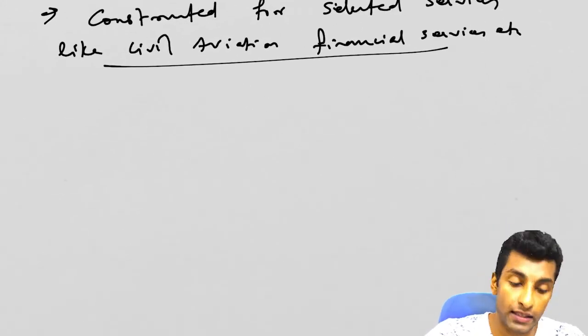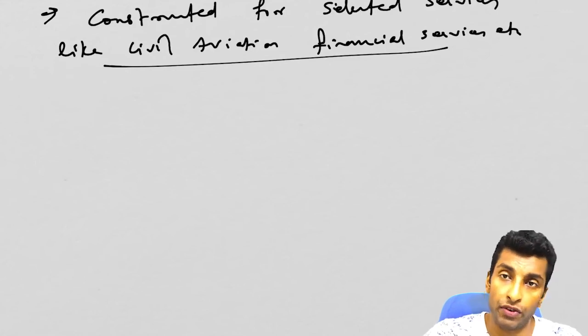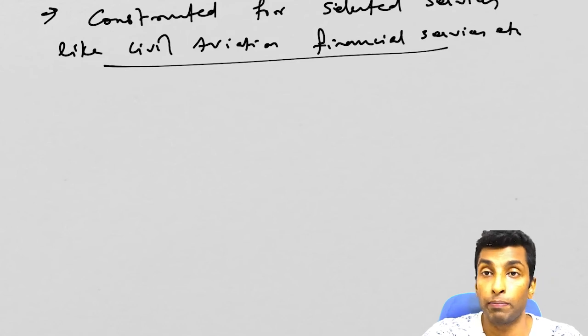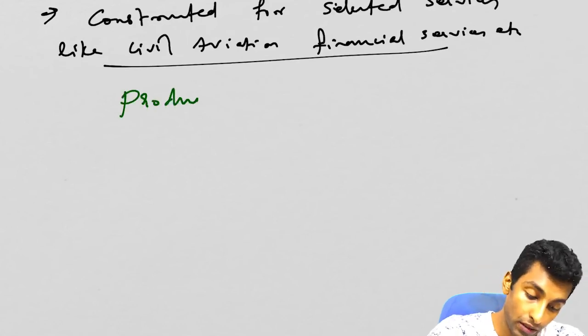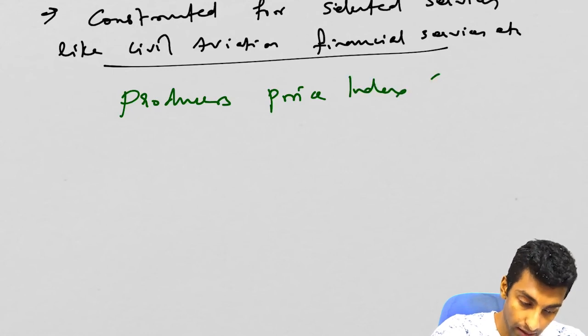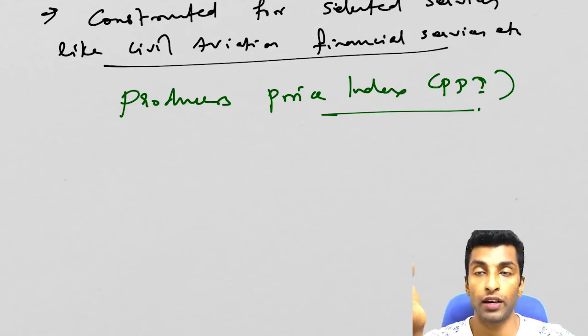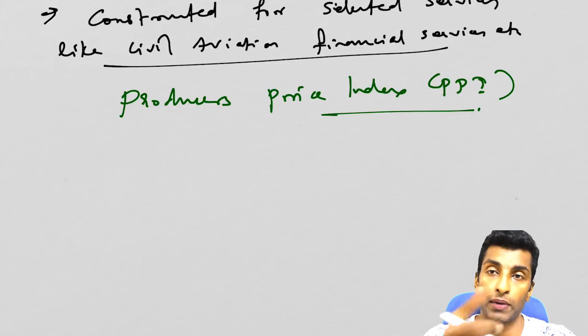Next is the producers price index. So wholesale we have seen from the wholesaler side, then we have seen from the consumer side. Now we will see from the producer side. So the producers price index takes into account the increase in cost till the stage of production. It won't consider the profit margin increases or the tax on traders or the transportation cost. Basically the distribution cost and all will not be taken into consideration here.